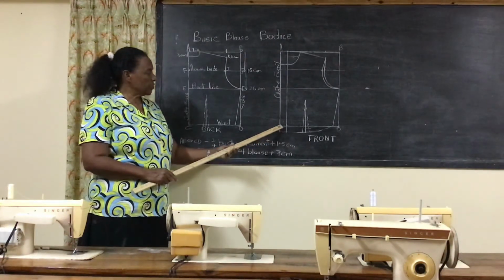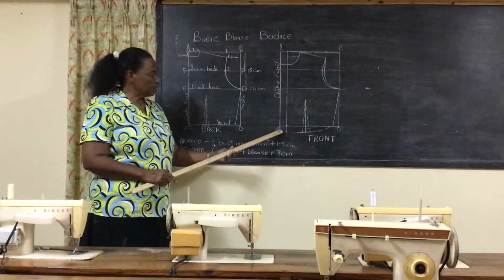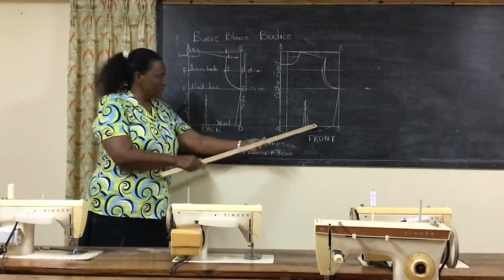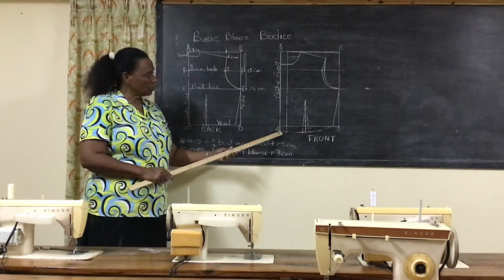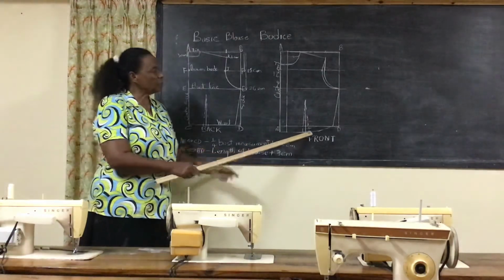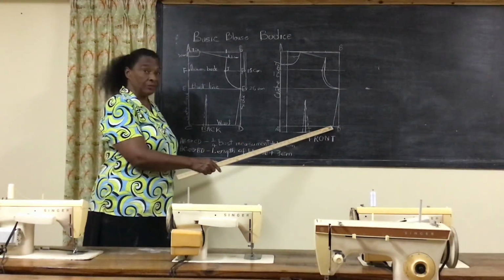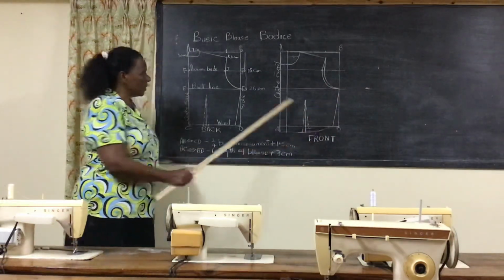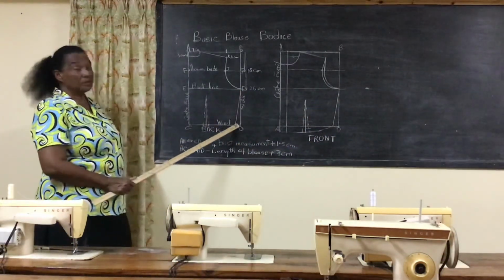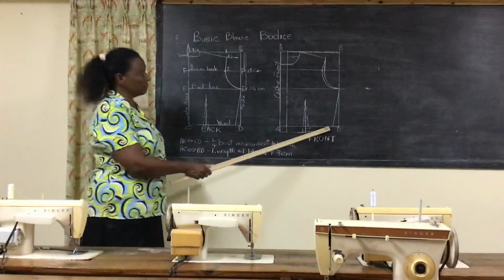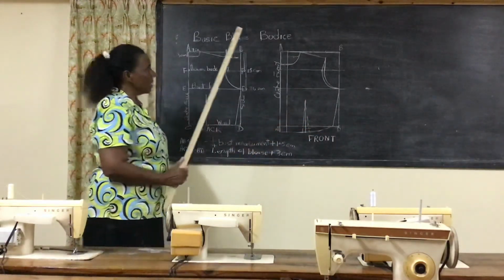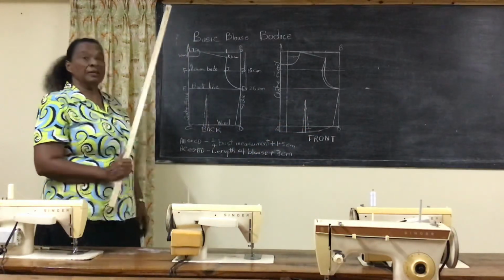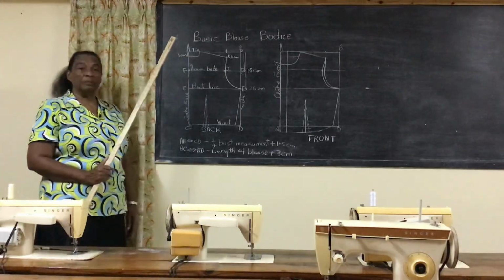It means that you're going to put 2 centimeters extra here because this was the back. So you will come down 2 and then you curve up to the side of the blouse. You have to curve to the side because this point and this point will be stitched together. So they have to be the same. Okay, so here we have then how to cut the blouse bodice.